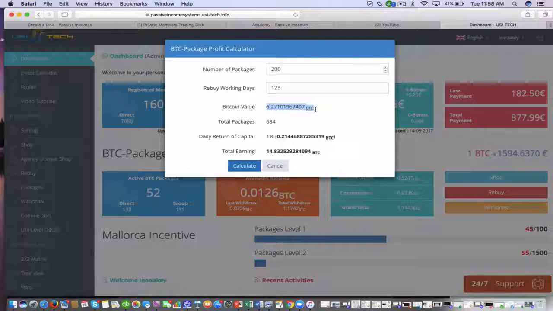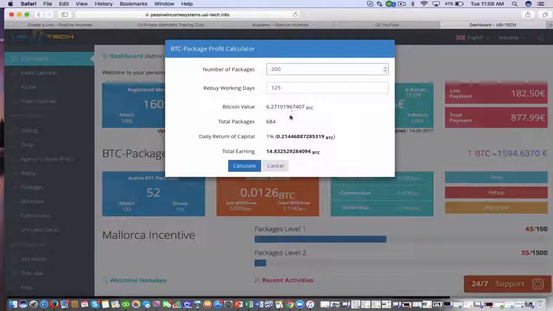So when you relate that back to 200 packages at 50 euros, that's actually 10,000. So you can see this figure corresponds directly to the value of 200 packages. In other words, in 6 months' time, if this lady has 200 packages running, it's the equivalent of $10,000 running in the value of Bitcoin.